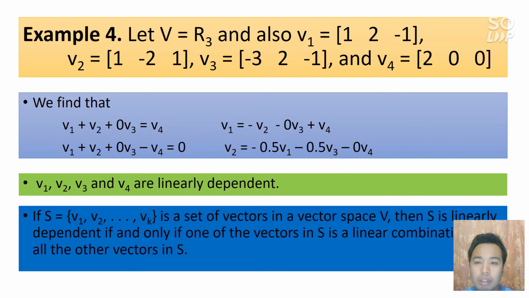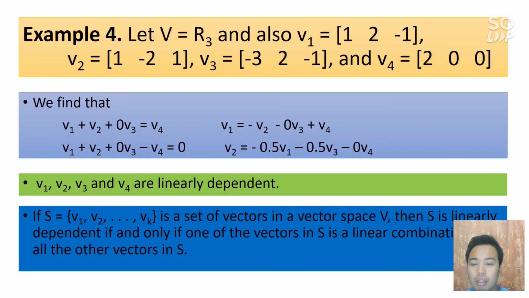Example number 4. Let V is equal to R sub 3 and also V1, V2, V3, and V4 are given. So based on the given vectors, we find that V1 plus V2 plus 0 V3 is equal to V sub 4.